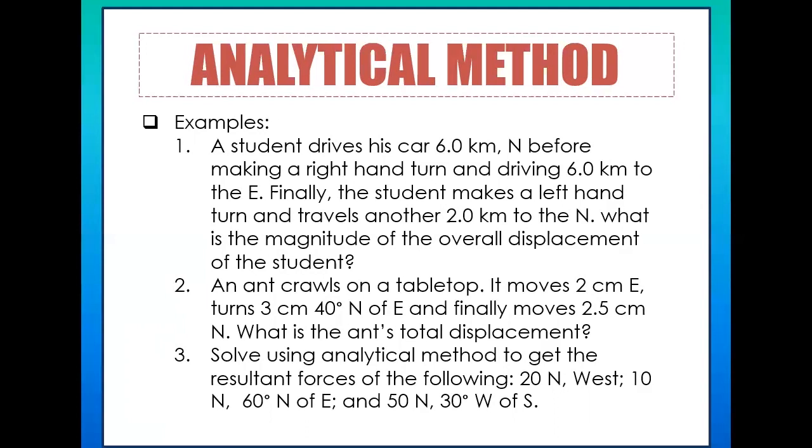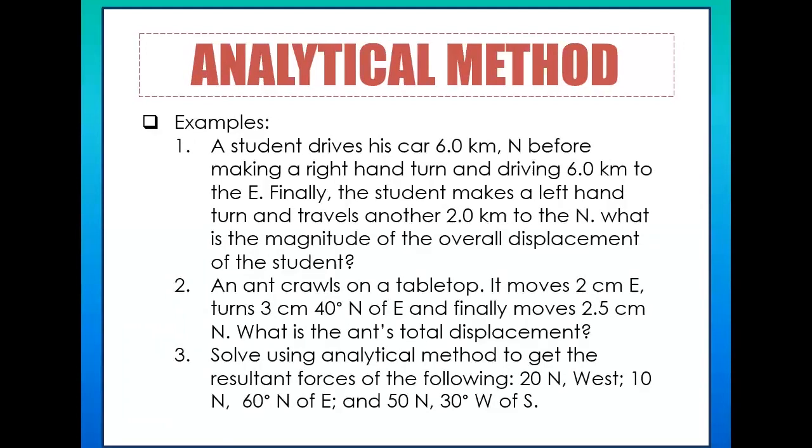For number 1, we have to solve this problem. A student drives his car 6.0 kilometers north before making a right-hand turn and driving 6.0 kilometers to the east.